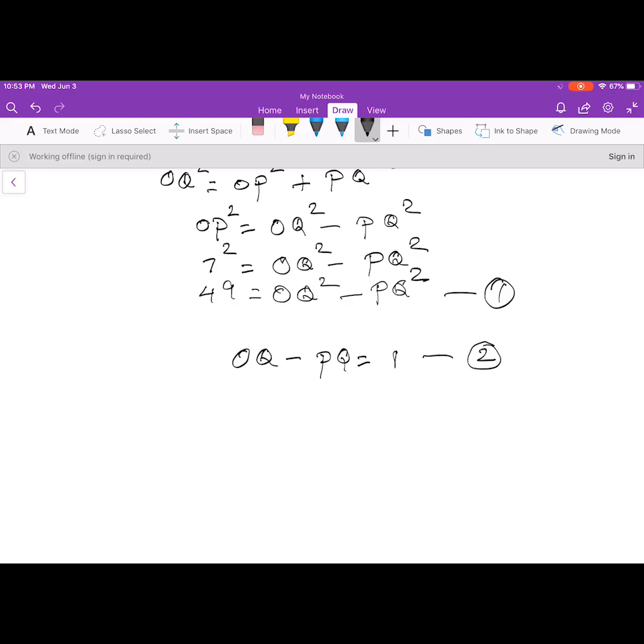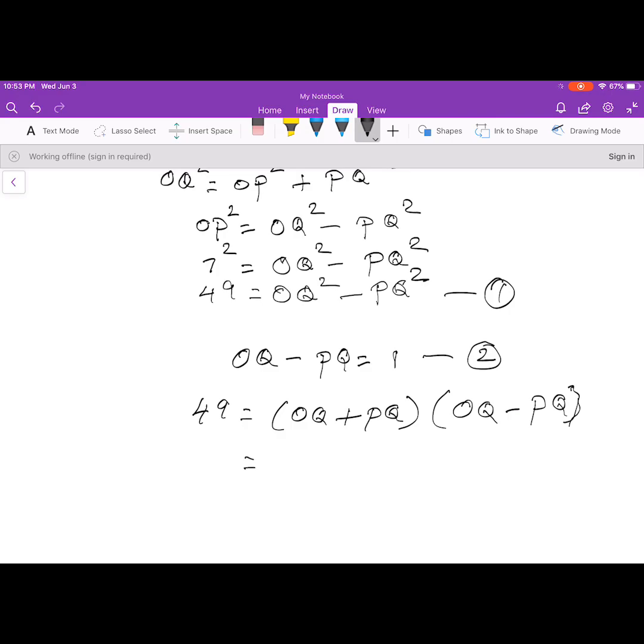This equation 1, I can write it as 49, and because it is in square, let me write it as OQ square minus PQ square.